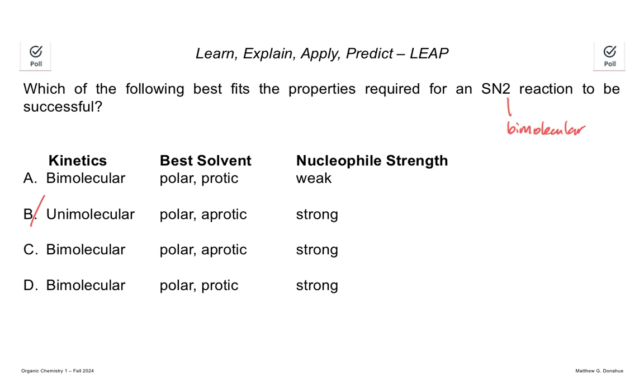The solvent has to be polar and aprotic, so we can eliminate A and D. And then the nucleophile has to be strong, and what that means is you're typically looking for the ionic form, so M plus nucleophile minus. So C is the best response here.